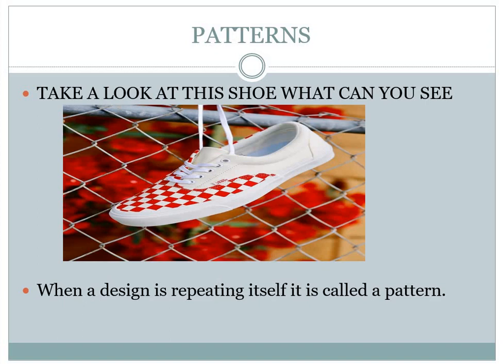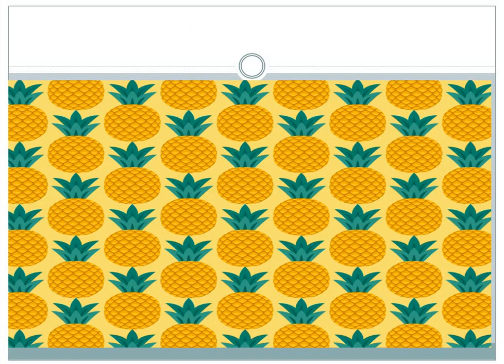Let me show you another picture. This is also an arrangement of designs. You can see that the pineapples are arranged to take a certain form. They are arranged diagonally and beautifully. So this arrangement of this design is what we call a pattern.